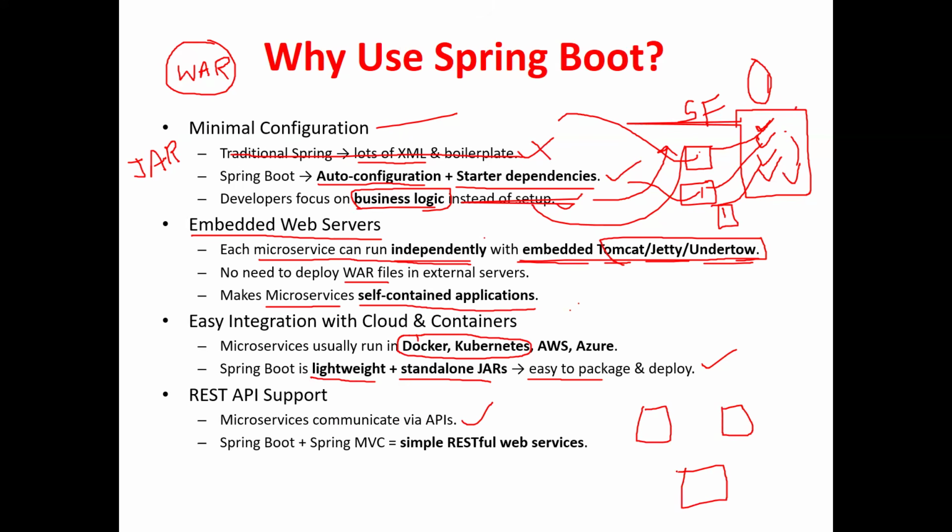Now I can easily communicate from this service to this service and this service to here, and vice versa. How can we develop this? Using Spring Boot plus Spring MVC, simple RESTful web services. This is about your module 3 concept. If you know module 3, microservices development is easy for you as well. That is about REST API support.